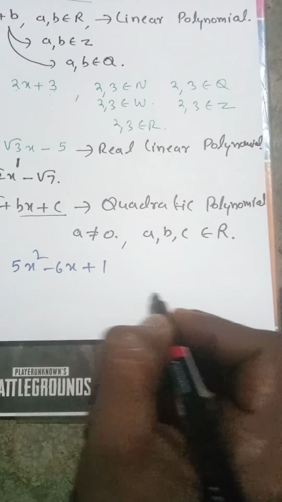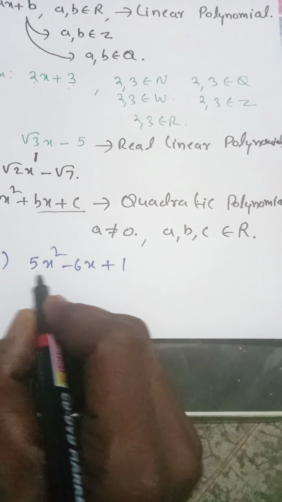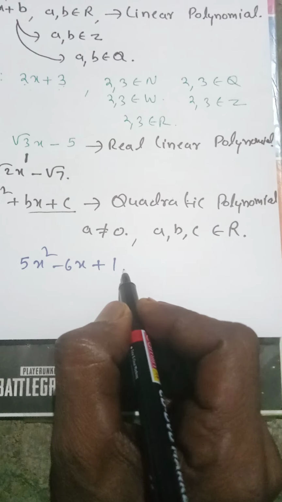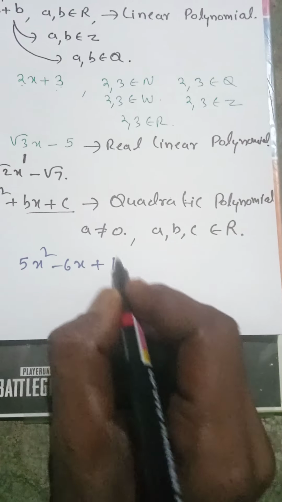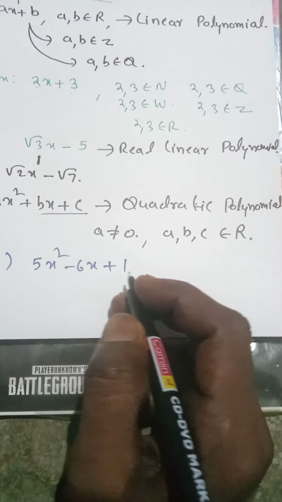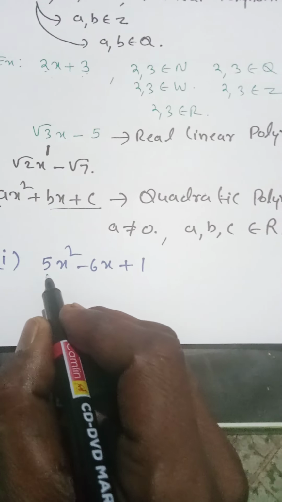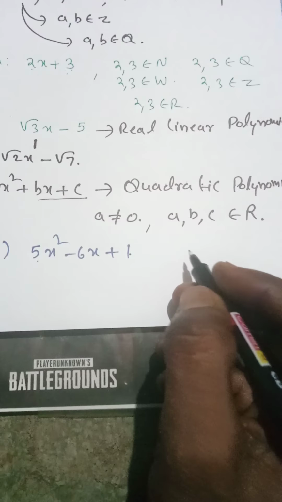That's why we call it an integral quadratic polynomial. We can say it is a real quadratic polynomial also. Why? Because 5, minus 6, plus 1, these coefficients, belong to the set of real numbers. We call it a real quadratic polynomial also, and a complex quadratic polynomial also we can say. Why? Because 5, minus 6, plus 1 are complex numbers only.